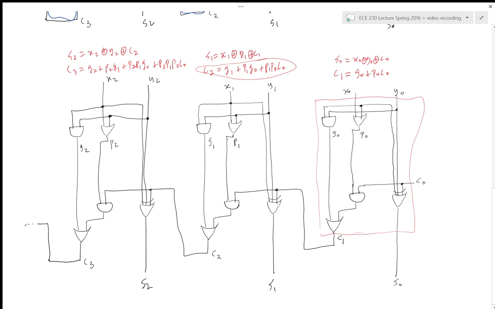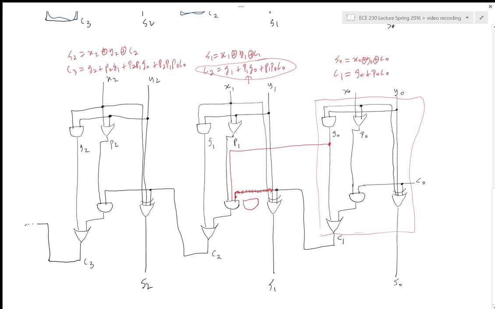So we have G1 and P1 G0. This P1 G0 is the second term. So what we need to do is take G0 right here. Now we have P1 G0. What we actually need to do is break this carry chain, so that wire is gone.